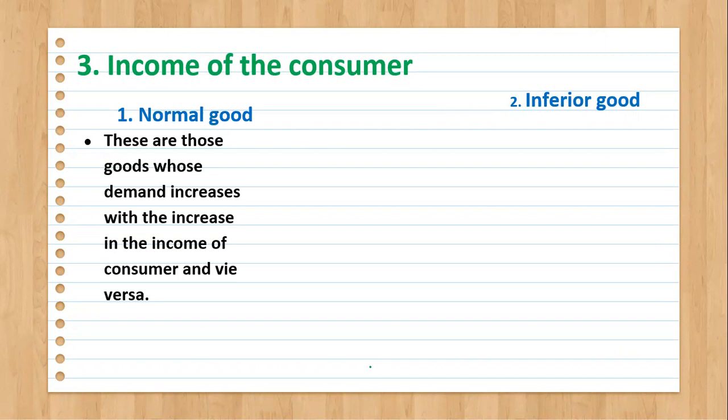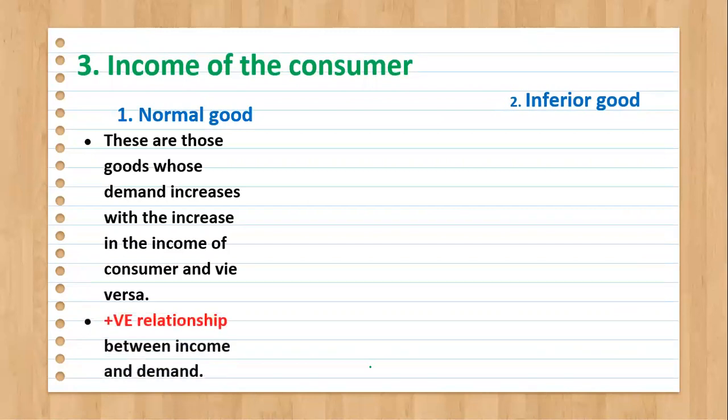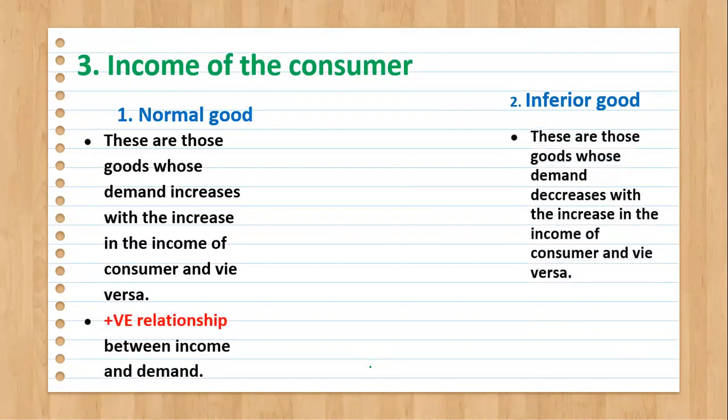And you would rather leave some old kind of products, which become your inferior goods. So normal goods are those goods whose demand increases with the increase in the income of the consumer and vice versa. And inferior goods are those goods whose demand decreases with the increase in the income of the consumer. So they possess a negative relationship, and normal goods possess a positive relationship.